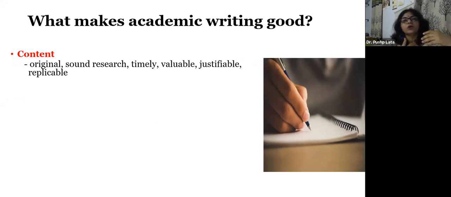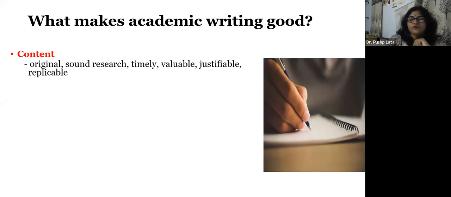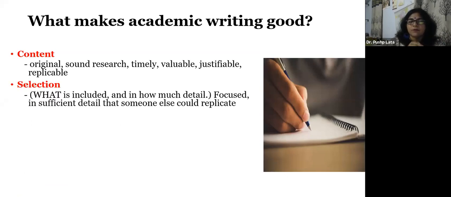Suppose you are still talking about what was done in 1956 or maybe 1759 or maybe 1830, it will not be contemporary. It will not have the coverage till date. So it has to be timely. It has to be valuable. You should be able to justify that, and it should be replicable too. So this is one of the major features of good academic writing.